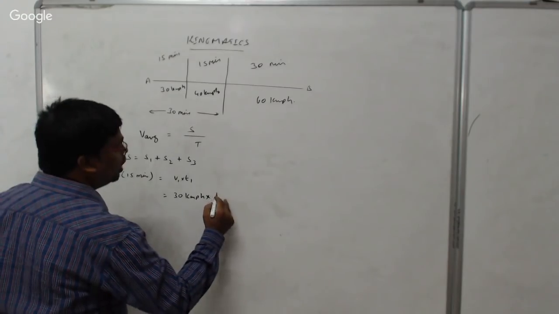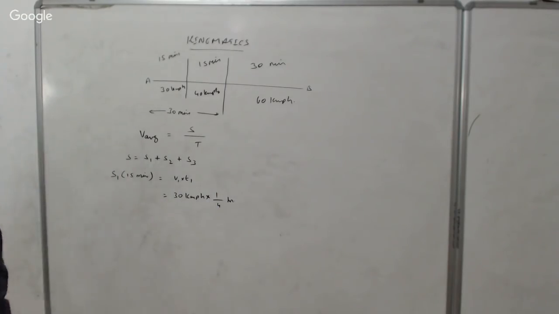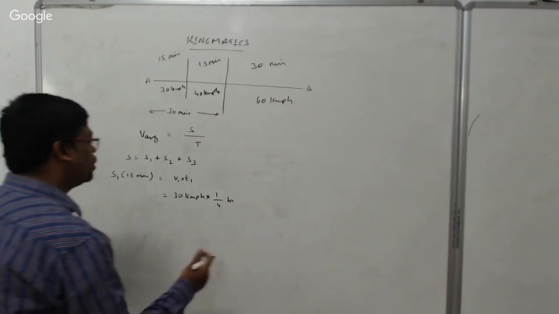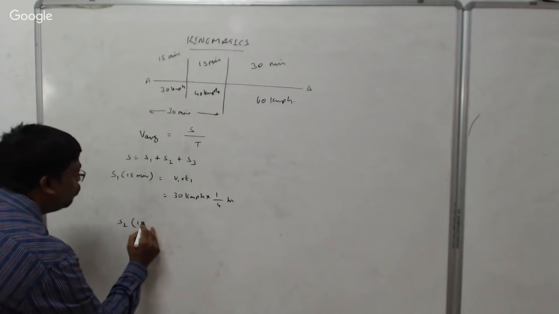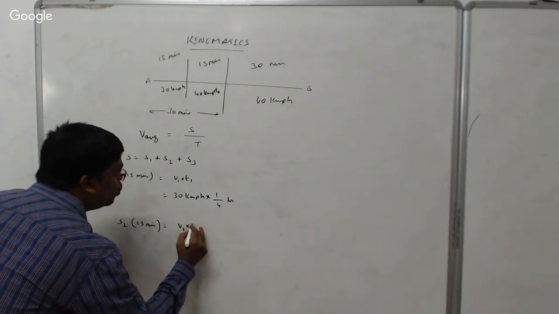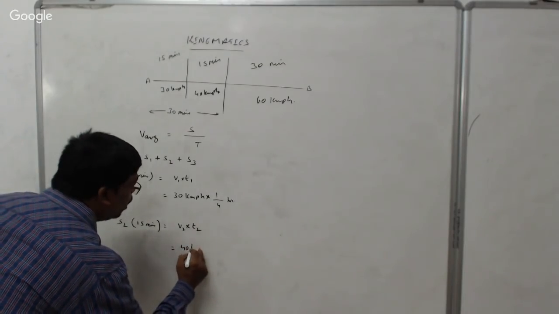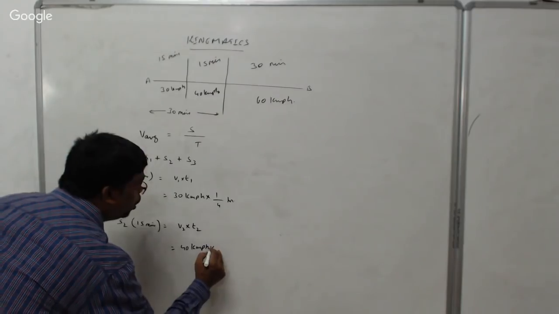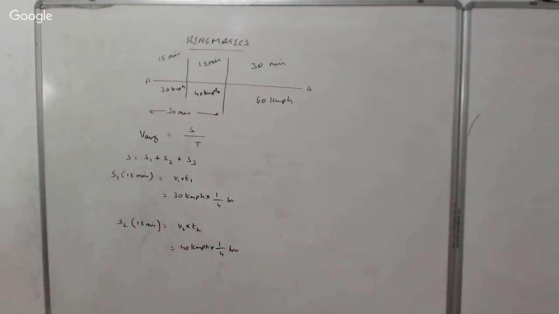We can write it as 1 by 4 hour. Okay. Next, distance traveled in the next 15 minutes, that is V2 into T2. Again, 40 kmph into 1 by 4 hour.